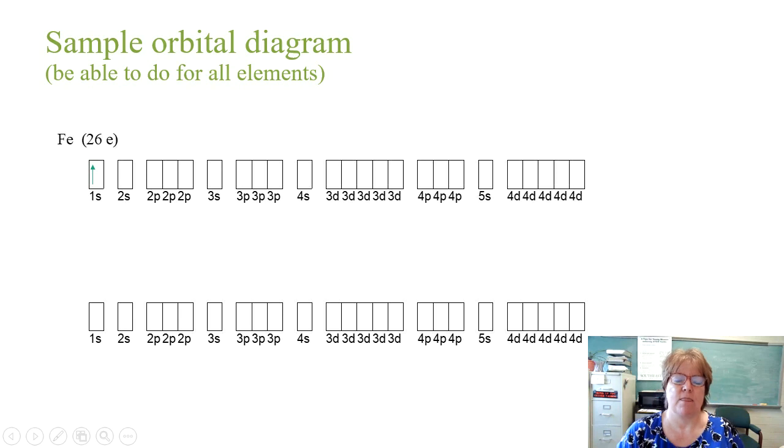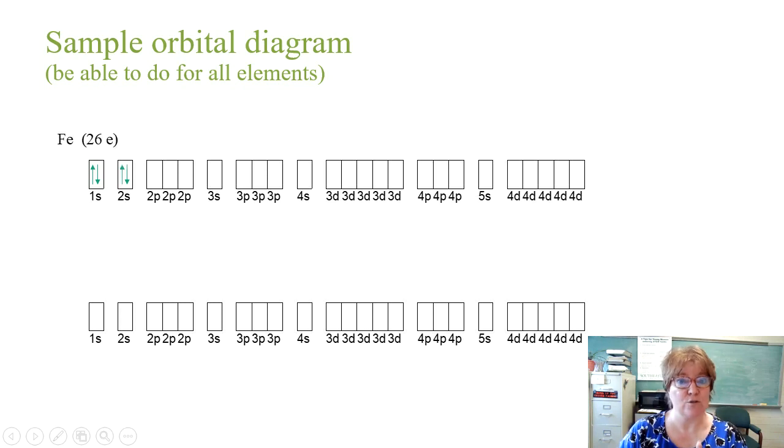It might be easier. So iron has 26 electrons, because if we're talking about the atom of iron, there are 26 protons, 26 electrons. So I can only fit 2, one up arrow and one down arrow in the first box. Since there's only one of that type, I can go ahead and fill it. The next 2 go in the 2s.